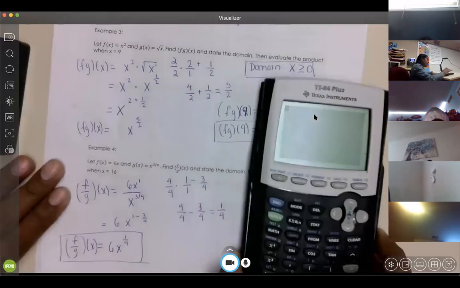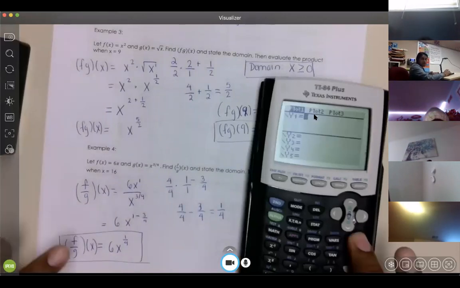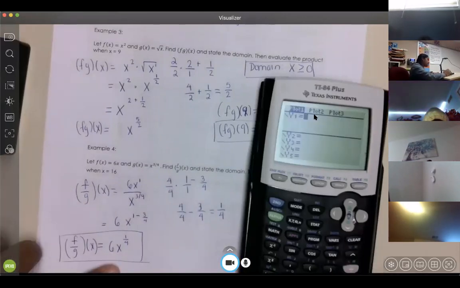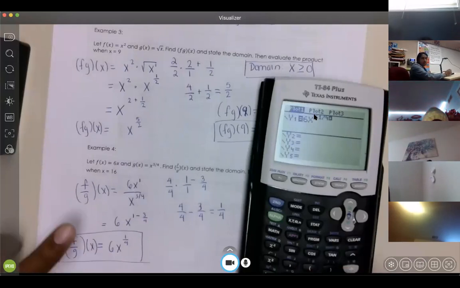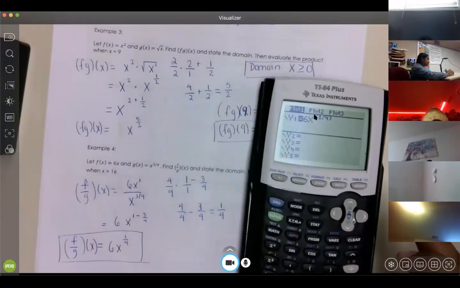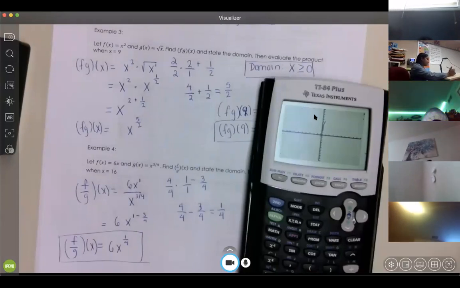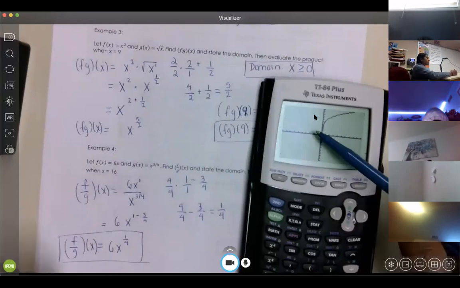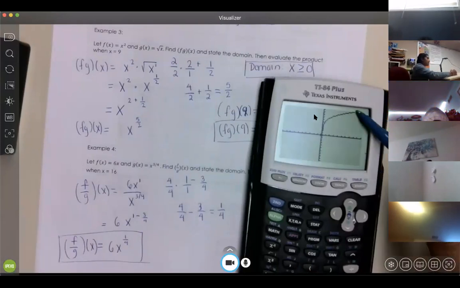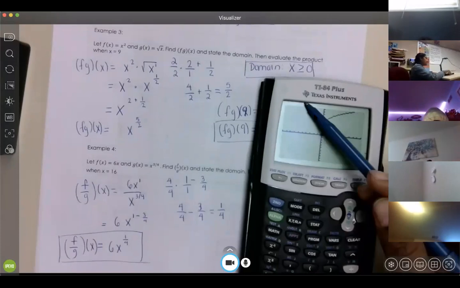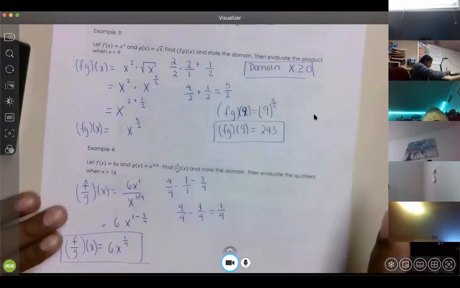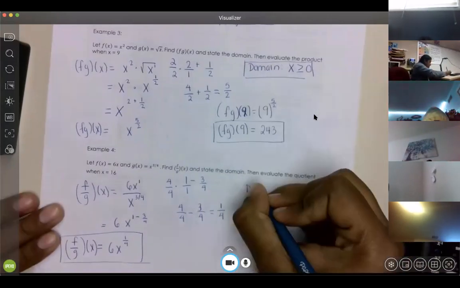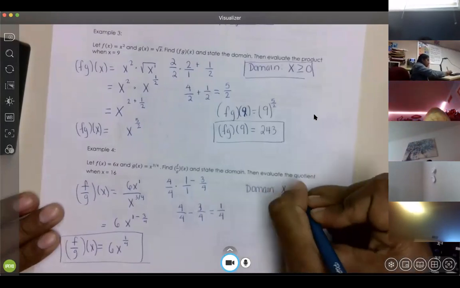So we're going to go to y equals, and type in your new function: 6x raised to the 1 divided by 4, and then we graph it. You'll notice my graph only goes on the right side of my coordinate plane, so I can't have any negative numbers. So just like the last problem, the domain is x is greater than or equal to 0.